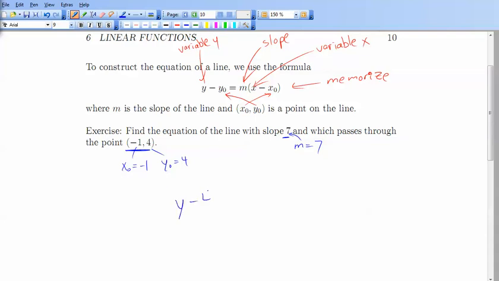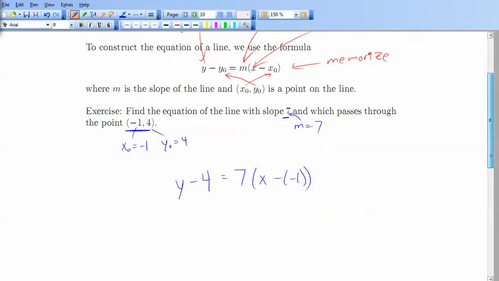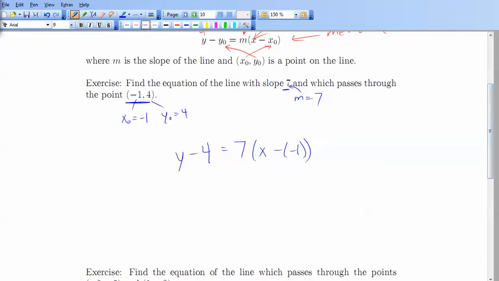So y minus 4 is equal to 7 times x minus negative 1. Okay. So we have here y minus y naught is equal to m times x minus x naught. And now all I need to do is just expand and simplify. There's no solving and things like that.